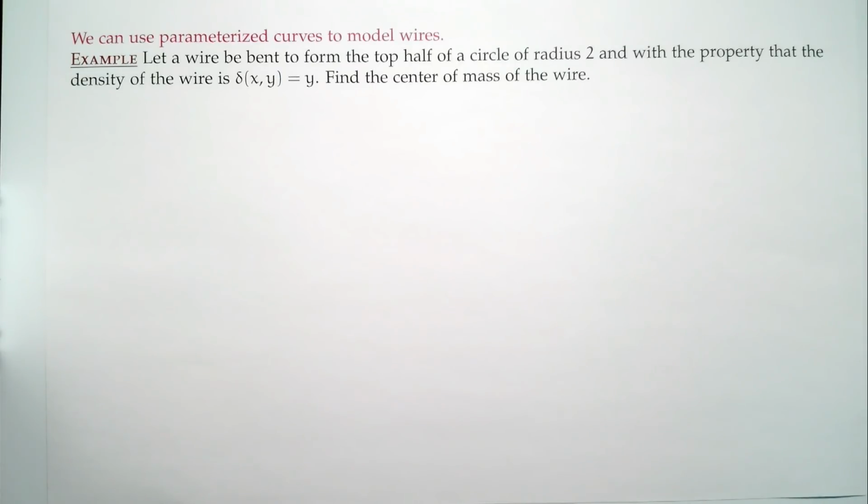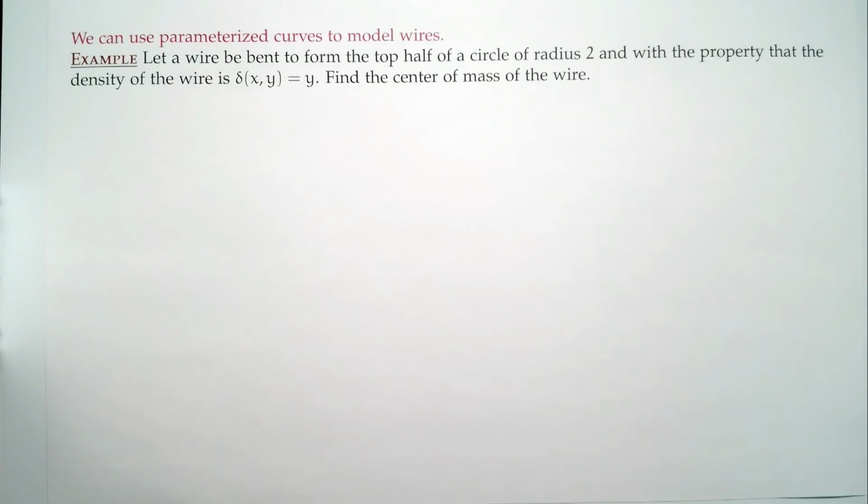In essence, the wire would be the path left behind by a particle moving along the curve. Maybe we have a wire that doesn't have a uniform thickness. Some parts are more thick, other parts are less thick, so that the density of the wire changes.